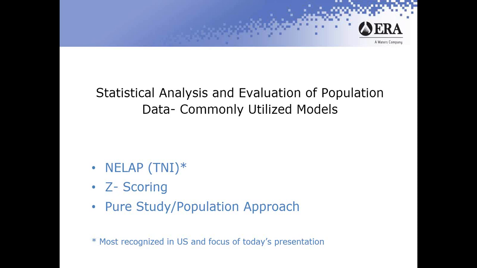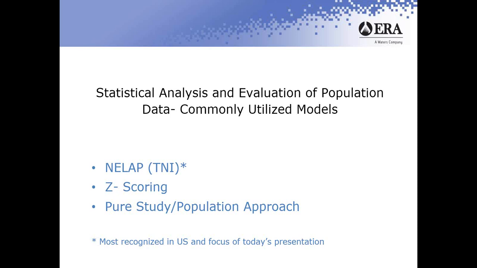Z-scoring is something that's just recently come on board here in the U.S. as a method of determining how well you did against the population study mean. It's based on standard deviation units and where your result falls in essentially number of standard deviations away from the mean. Pure study population approach is just that.